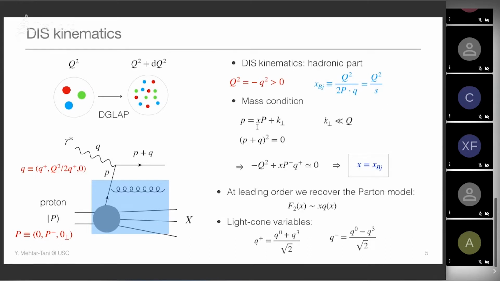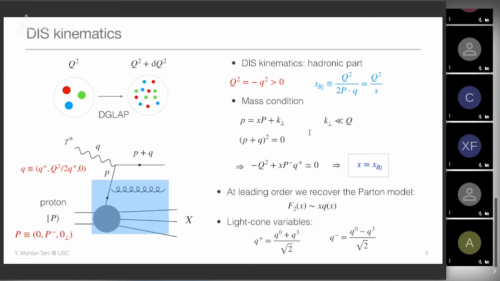The proton is moving in the minus direction. It's a high energy proton. You can choose a frame for the photon that moves in the opposite direction, the plus z direction. Here we use light cone variables. And in the Bjorken limit, which is the limit where Q squared goes to infinity, you can neglect transverse momentum transfer between the proton and the projectile.